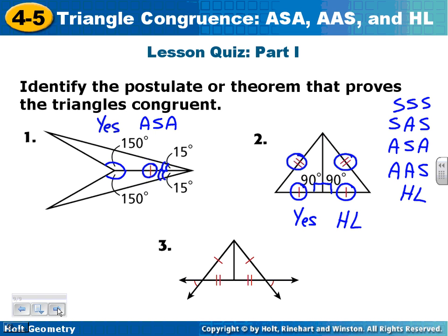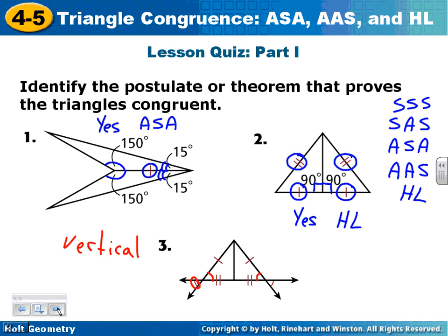But it looks like I have side and side. But if you look right here, this arc mark here, I could put another arc mark right there because of vertical angles. And I could do the same thing on the other side. Arc mark right there because of vertical angles.